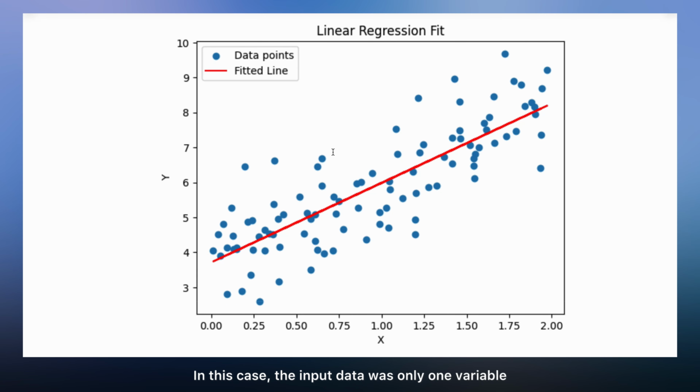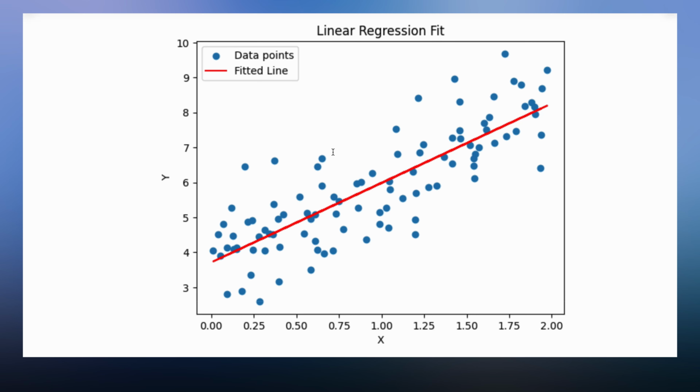In this case, the input data was only one variable, which is the size of the house. You want to build a model that predicts y, the price of the house, given x, or given input.